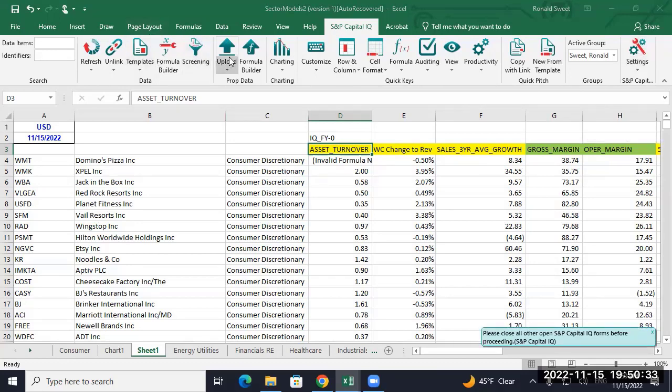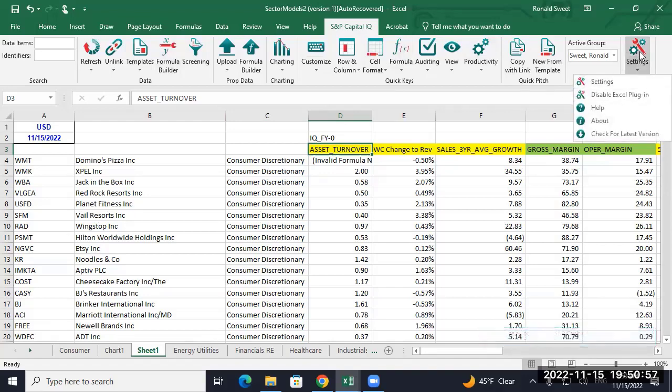Yeah, it's not letting me in. Please close. Have y'all been having this trouble? Please close all other Capital IQ forms before proceeding. Yeah, it won't let me out. I don't know how to. Sorry. Well, we may not be able to do it.